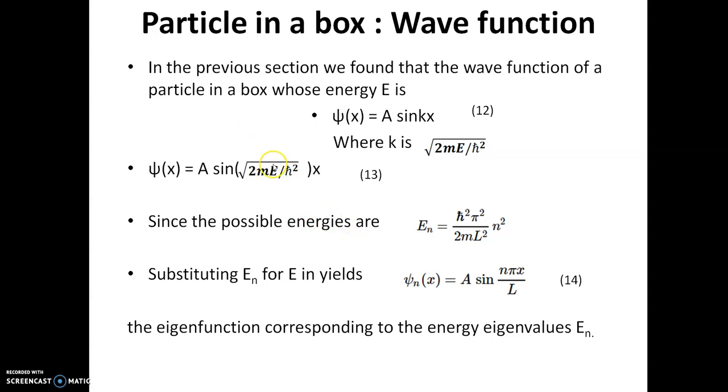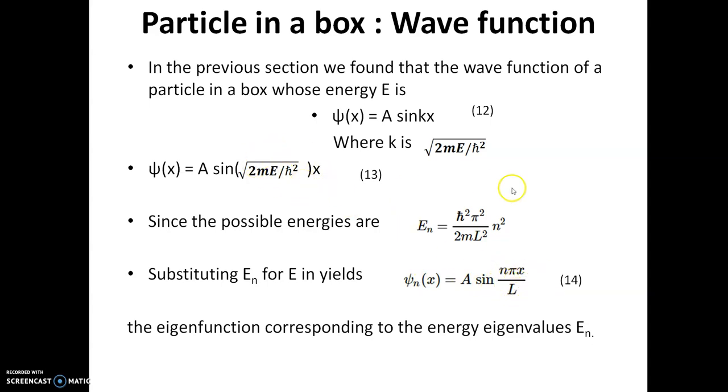We know E stands for the quantized energy, which is equal to En = h cross squared pi squared by 2mL squared into n squared, where n takes the quantum number value according to the state in which it is existing. So, substituting this En value in the place of E, we will be getting psi n of x equal to A sin n pi x by L.